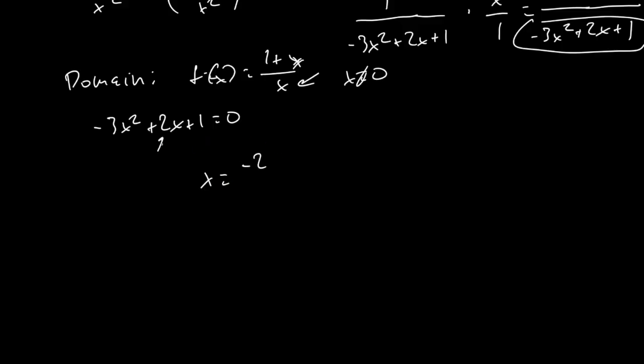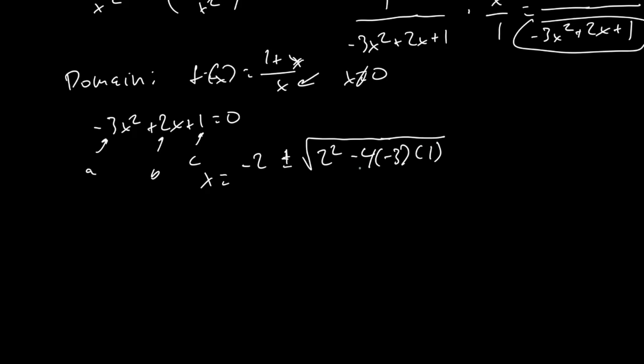We use the quadratic formula, because here a is negative 3, b is 2, and c is 1. So x equals negative 2 plus or minus the square root of 2 squared minus 4 times negative 3 times 1, all over 2 times negative 3.